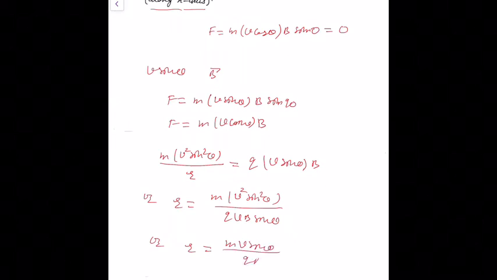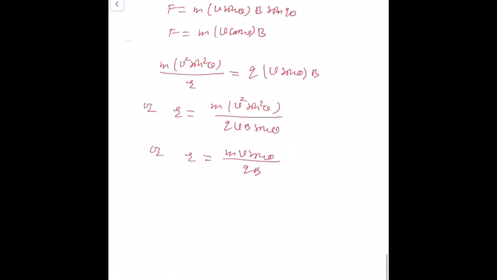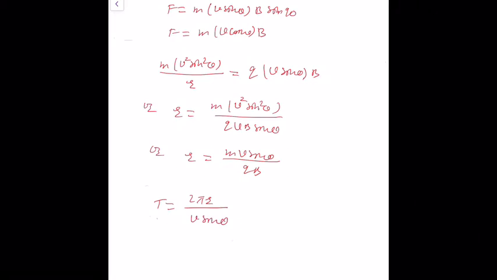or we can write r is equal to m v sin theta upon q B, and time period of the particle T is equal to 2 pi r upon v. Here v is v sin theta, or T is equal to 2 pi upon v sin theta.